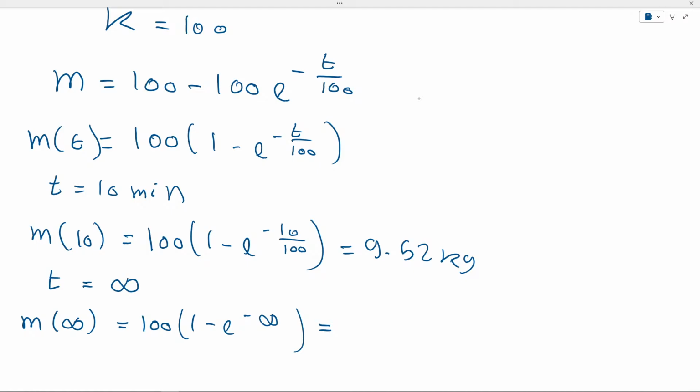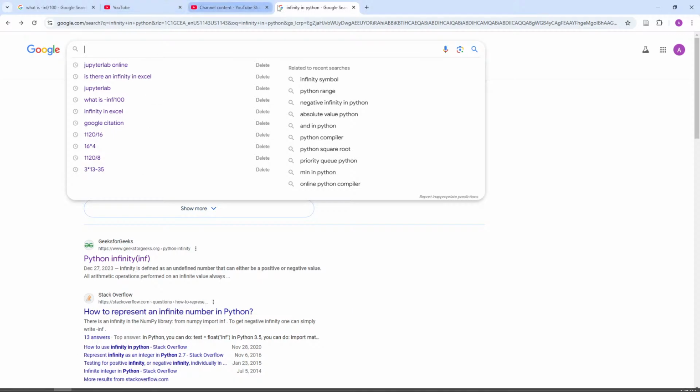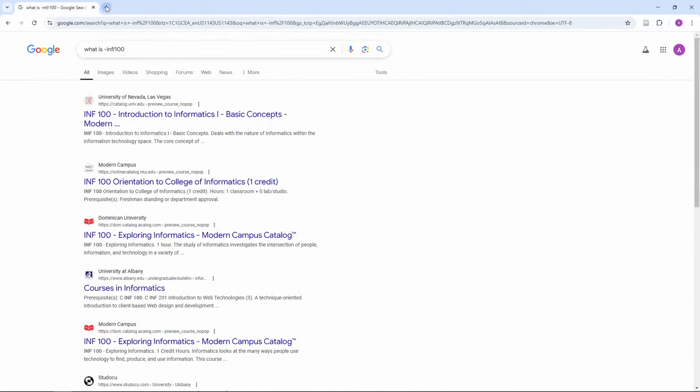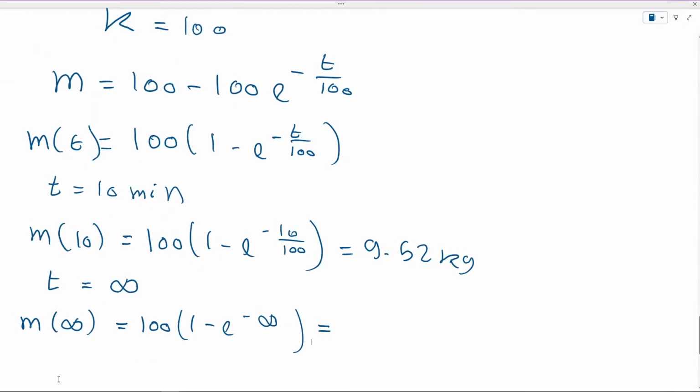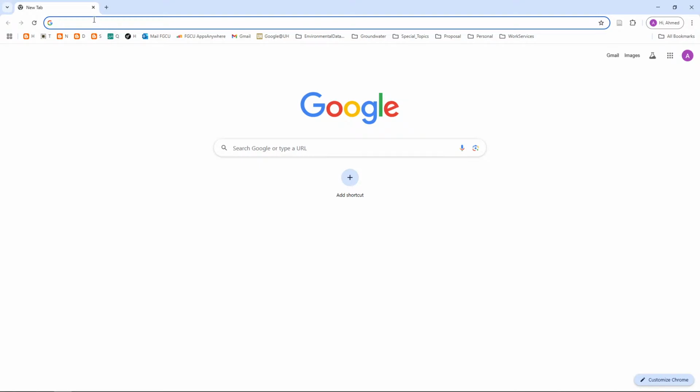But how could you check this? You can use Python, for example. Let me show you. I checked this, and you cannot do it in Excel, but you can do it with Python.